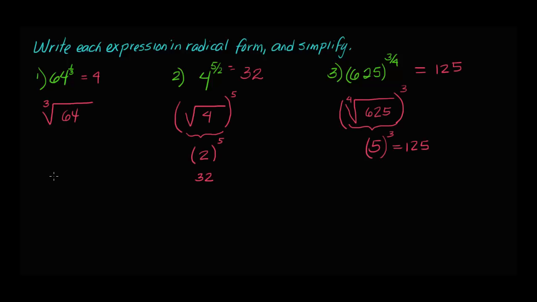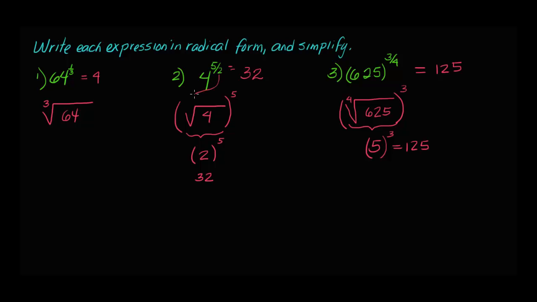Here are the answers. For number 1, I wrote 64 underneath the radical. The root is the 3, the denominator. The exponent of 1, since it's a 1, I don't write it. And the cube root of 64 is 4. Done. Second example, 4 underneath the radical. The denominator is a 2.